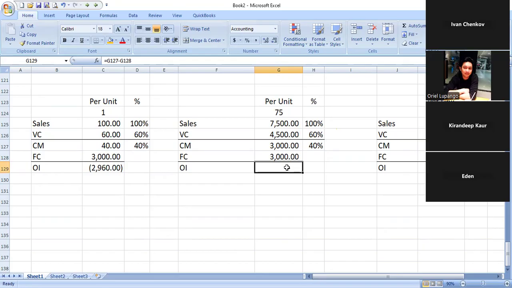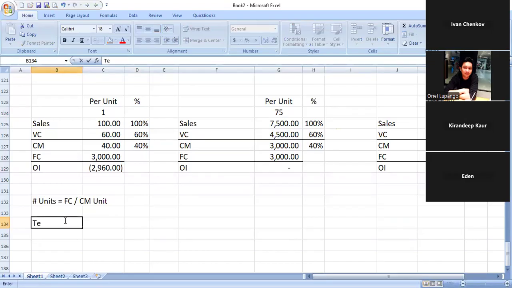So, if that's the case, how do we get the number of units? The formula for the number of units, if you remember, is equal to fixed cost divided by contribution margin per unit, right? So let's say our profit target, operating income, you said you want to be 50,000.